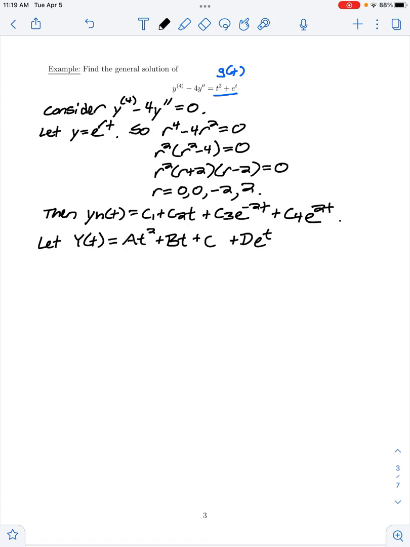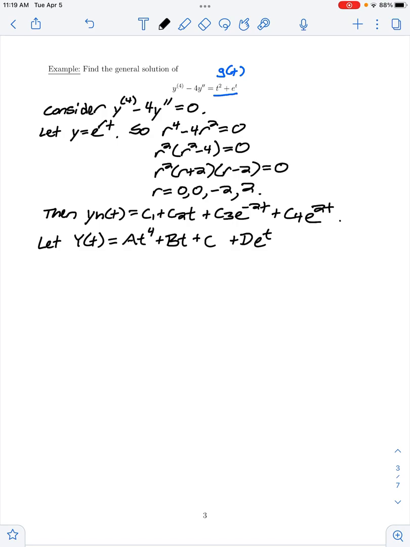So the two terms in our particular solution, bt and c, would be solutions of the homogeneous equation. So we need to take this quadratic that we started with and multiply by t squared, since 0 was a double root.